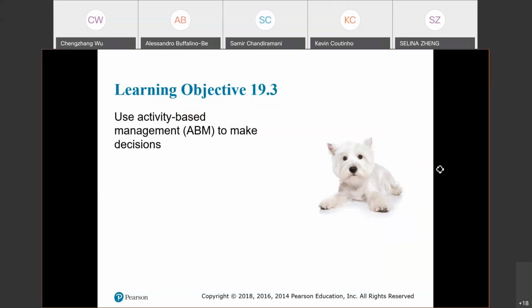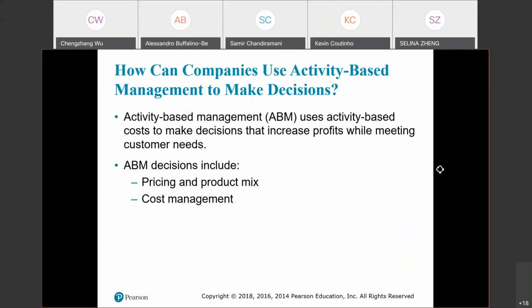So in this section, I'm going to show you how the managers in Smart Touch Learning Company use activity-based management in making two kinds of decisions. First, pricing and product mix. Second, cost management.